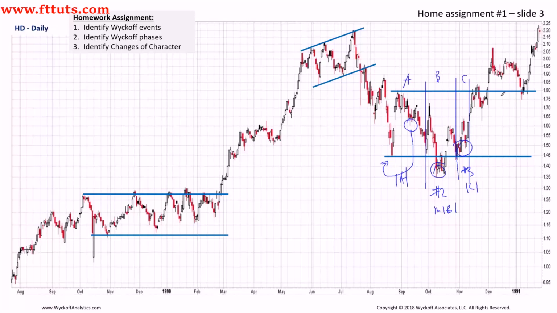So I think I would definitely accept this type of labeling with one exception, which is that phase A seems somewhat larger than phase B. And in some instances, guys, unfortunately, it's not going to work out like this.